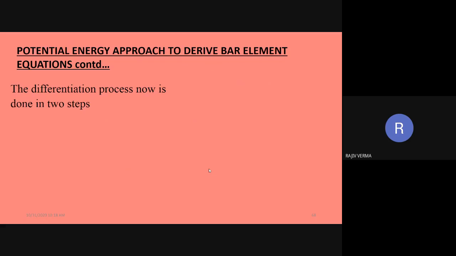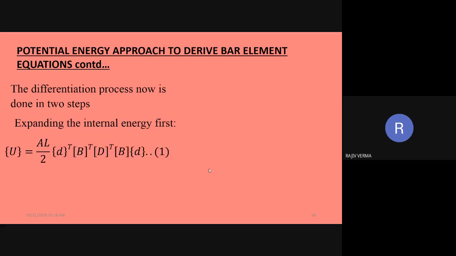We are actually going to do the entire derivation through two techniques. We are going to expand the energy expressed in matrix form into an algebraic equation, and then we are going to differentiate it so that you develop a better understanding. So expanding the internal energy first, which in matrix form is given in equation number 1, obviously you know the various representations.